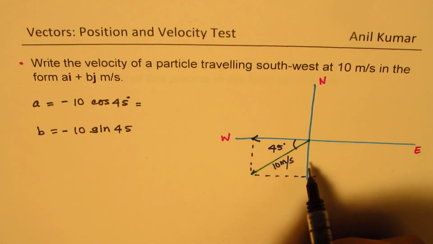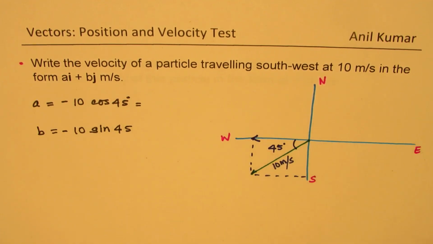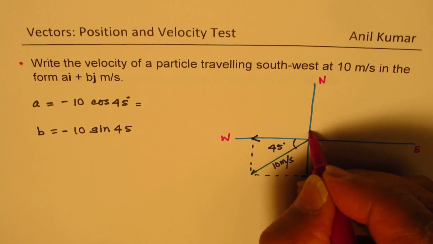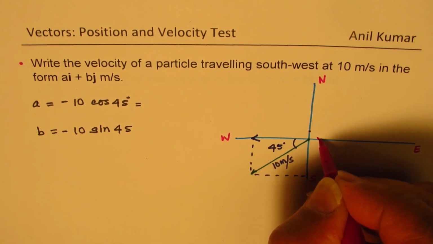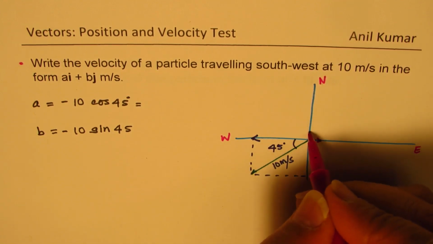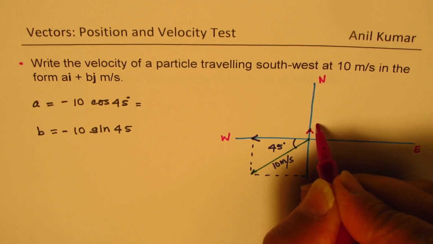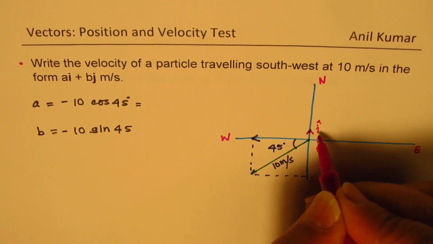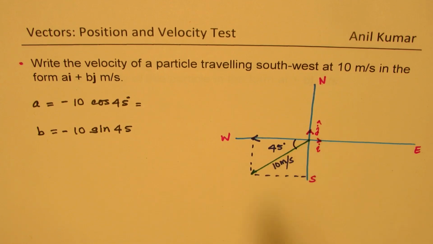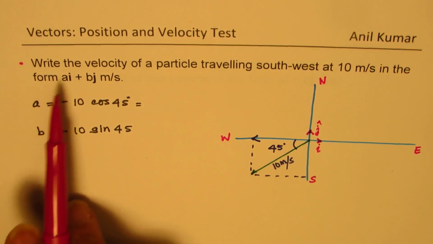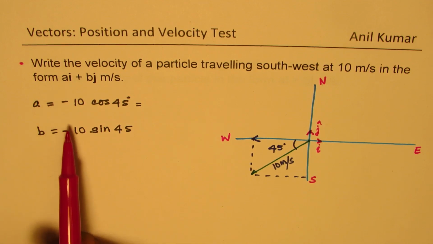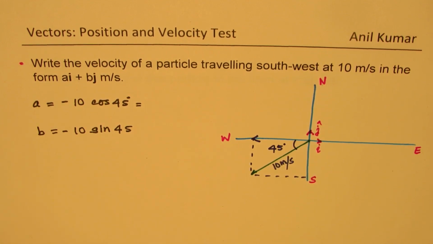As you can see, i and j are unit vectors. i is a unit vector along the x-axis, and j is along y, right? So these are opposite to those vectors. So when we place it here, we'll put minus, and so I'm placing minus. Is that clear to us? Right.